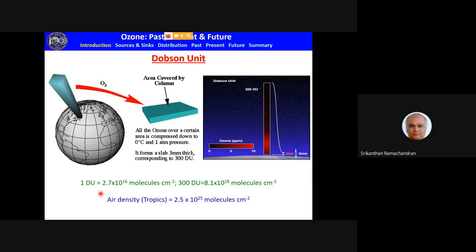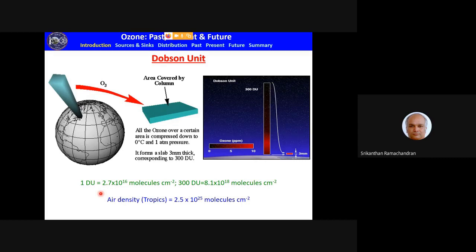So why Dobson? Because it is the name of the scientist who first used an instrument to measure the ozone present. He used a spectrometer and measured the radiation that we are receiving, and then he could derive the amount of ozone present in the atmosphere.